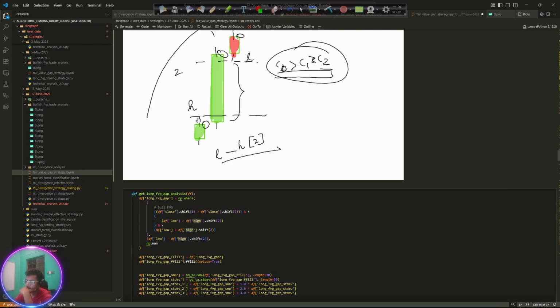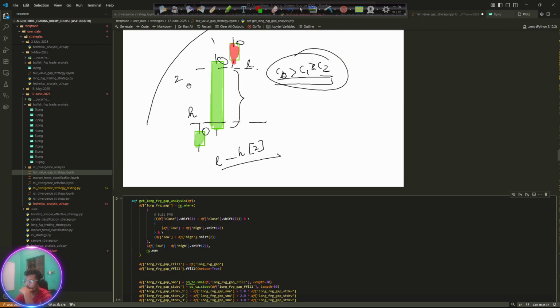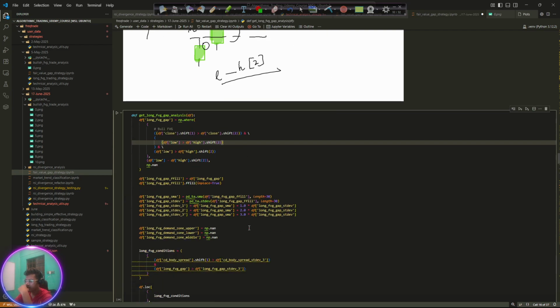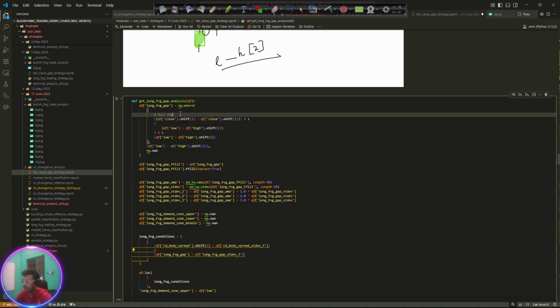Current low is greater than high, shift two low minus high. So then it's going to be low minus high. Okay. Hmm. My FVG condition is this. So we are only getting this gap. All right. I think I can actually do it here as well. So I'll just do that.